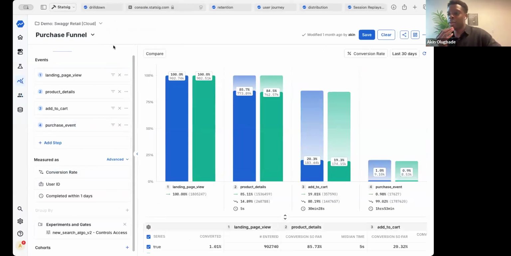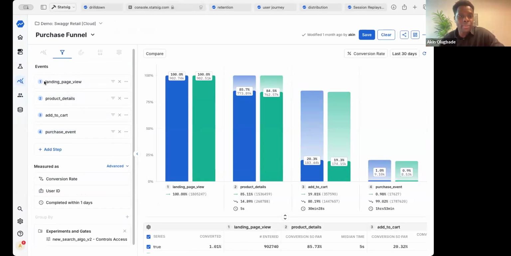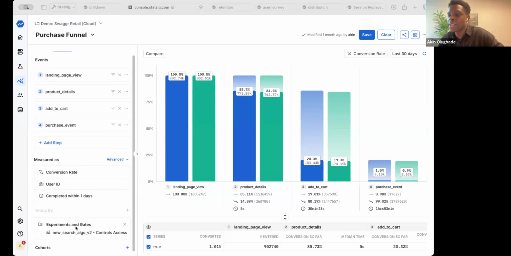First, I'll hop into funnels, right? And here we have a funnel that is defined as starting at the landing page and then ending with a purchase event. And you can break down funnels in a lot of ways, right? So you can break it down by event property, user property, and experiments or gates.